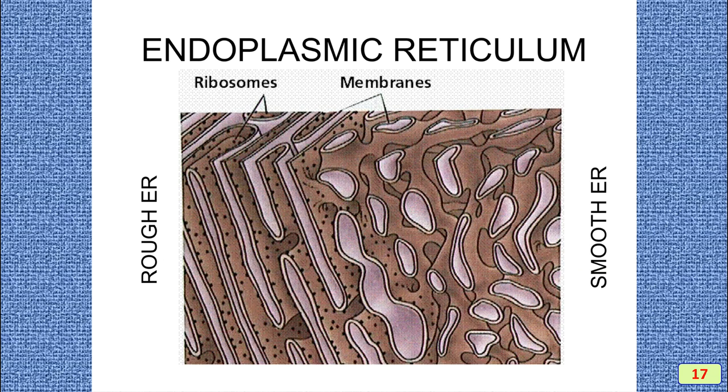The endoplasmic reticulum has daughter structures, like shown in this photo. The one which contains more and more ribosomes is called the rough endoplasmic reticulum, and the one which does not contain many ribosomes is called the smooth endoplasmic reticulum.